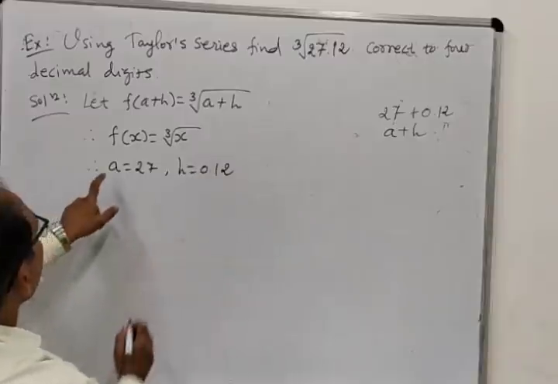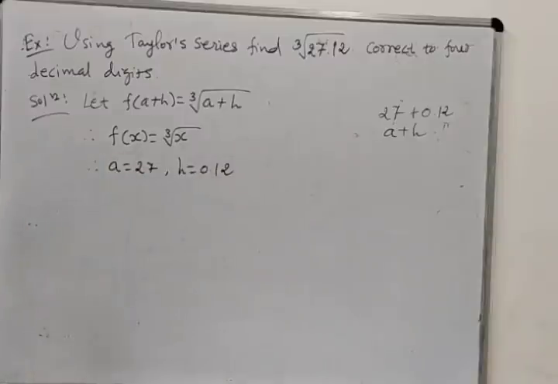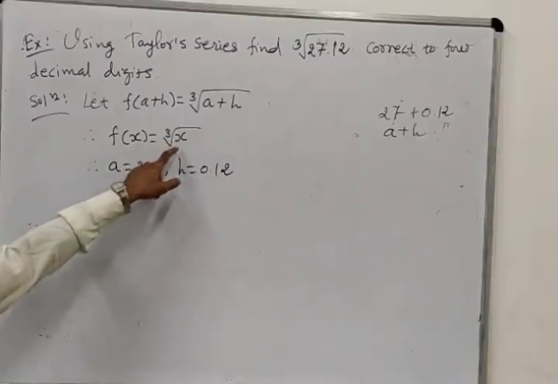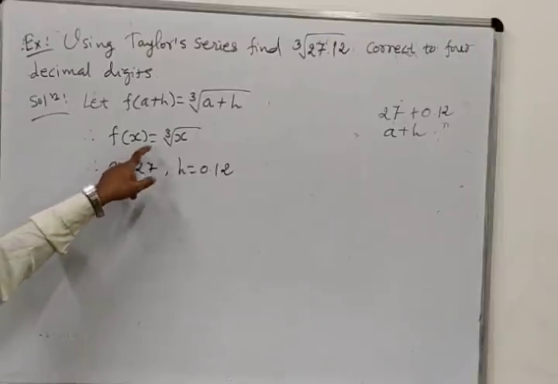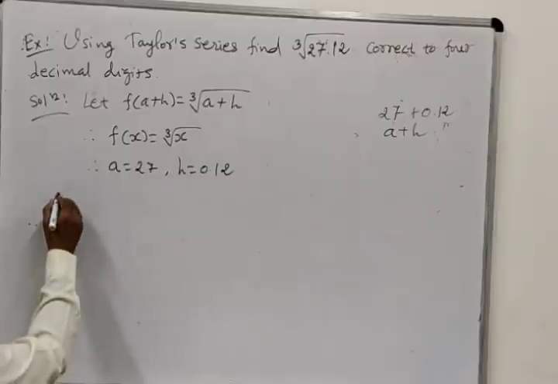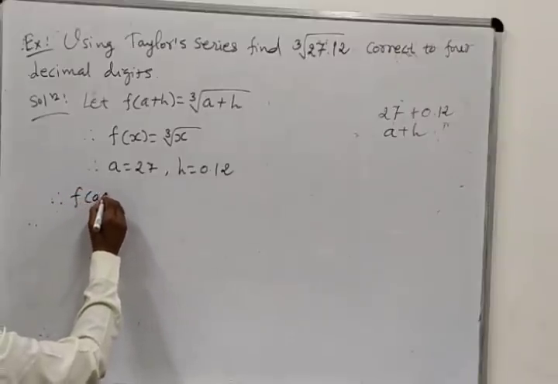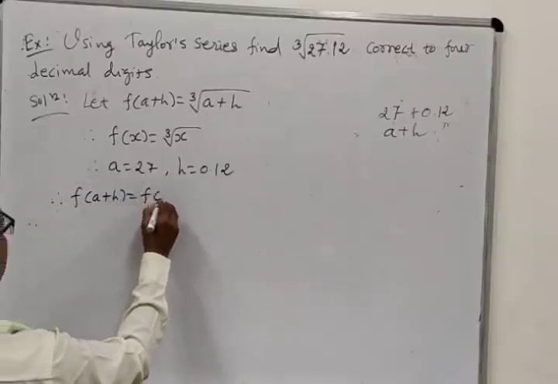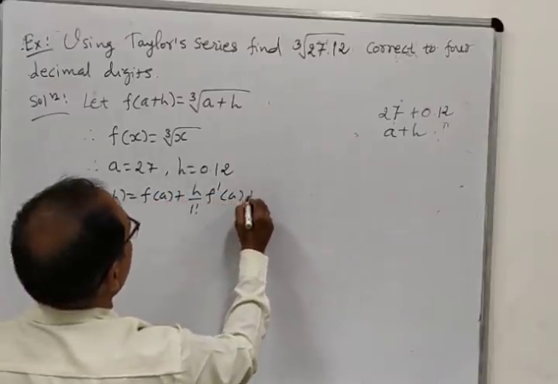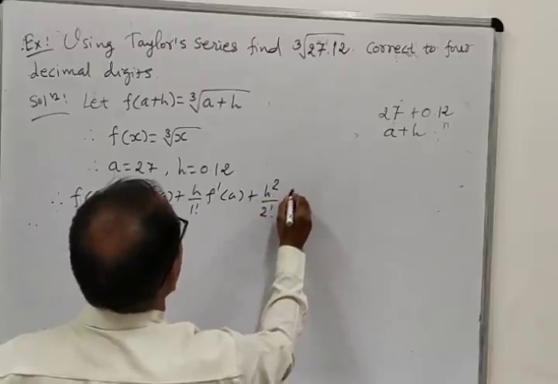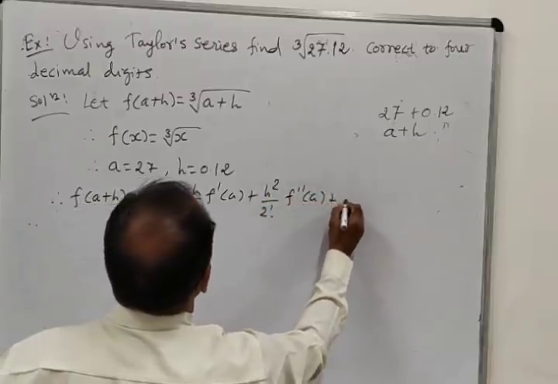We have assumed a equal to 27 because its cube root is very easy for us. And first of all we will write down the formula: f of a plus h equal to f of a plus h upon 1 factorial f dash a plus h square upon 2 factorial f double dash a plus dot dot dot.